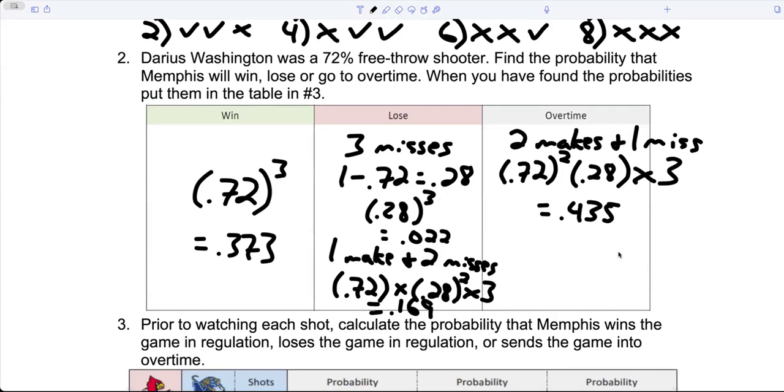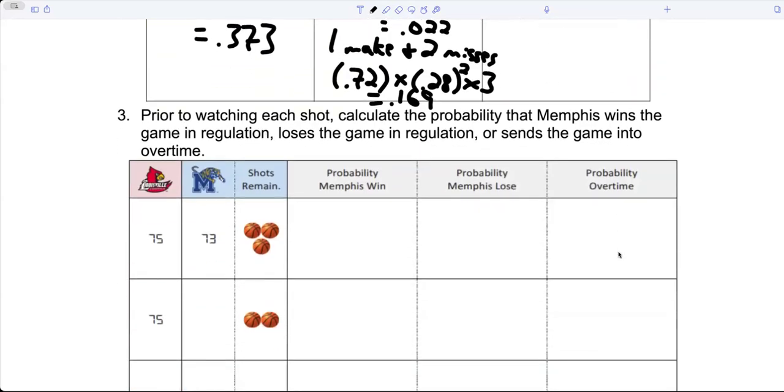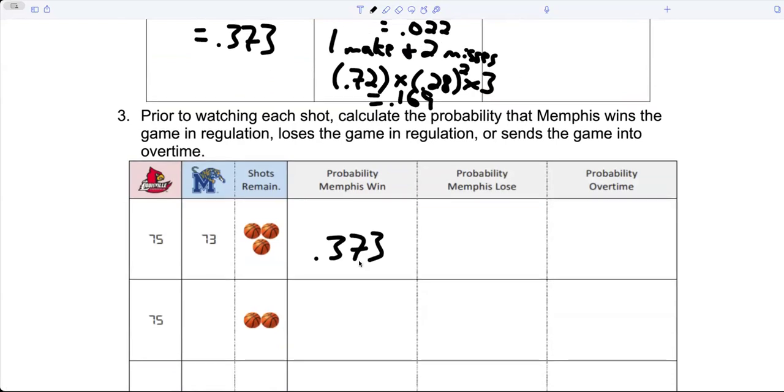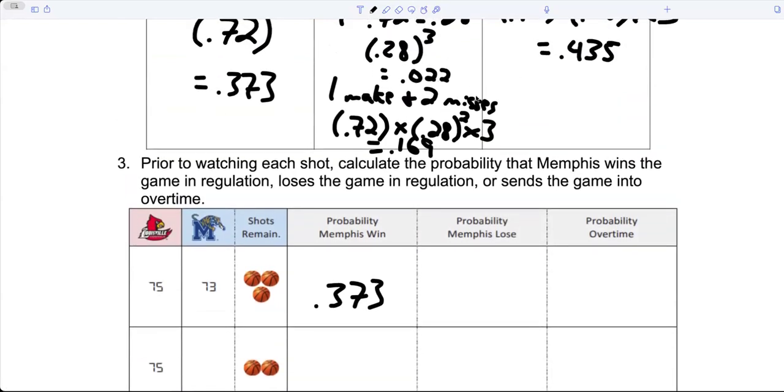Okay, so let's look at this chart here. Let's say that Memphis is down by 2 and there's 3 shots left. What is the probability that they win? That he makes all 3? We found that it was 0.373. What is the probability that they lose? Well, there's 2 different ways they lose, right? It was 0.169, or he misses all 3, 0.022. Those outcomes are mutually exclusive, so we can add them together.